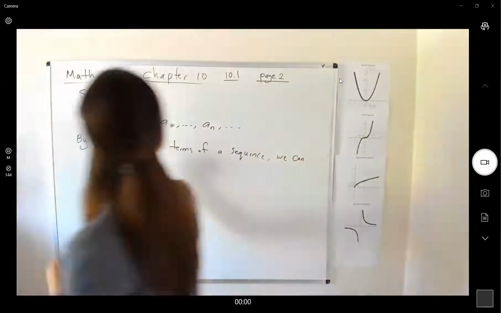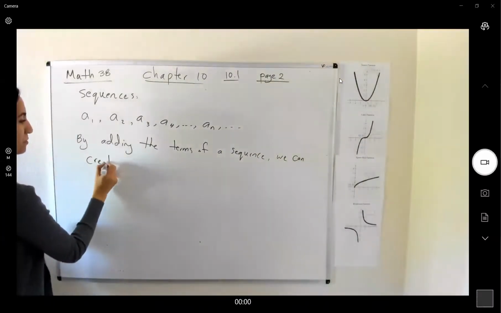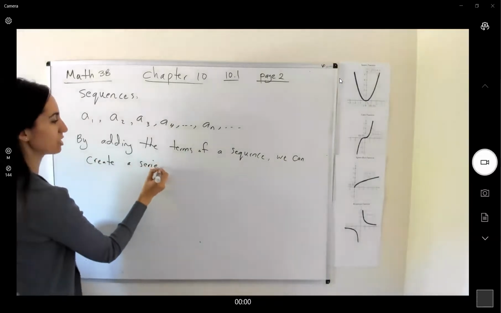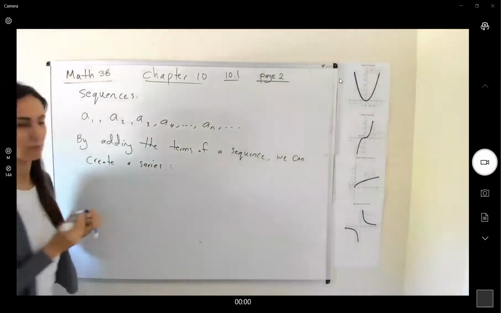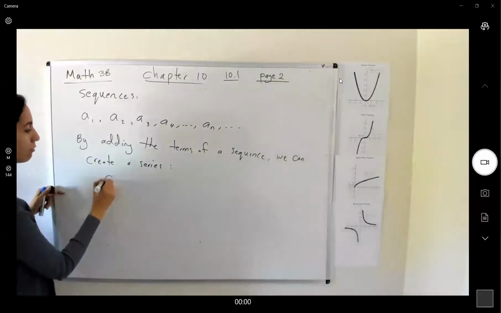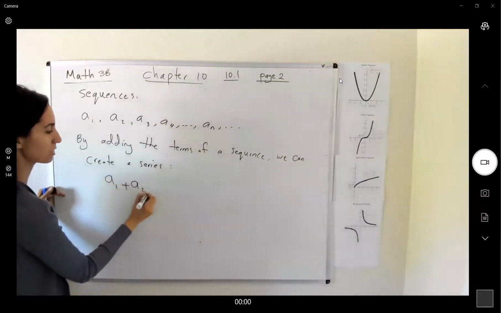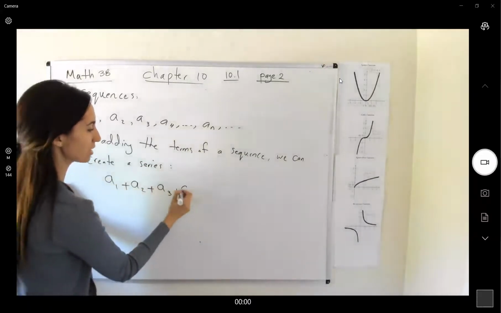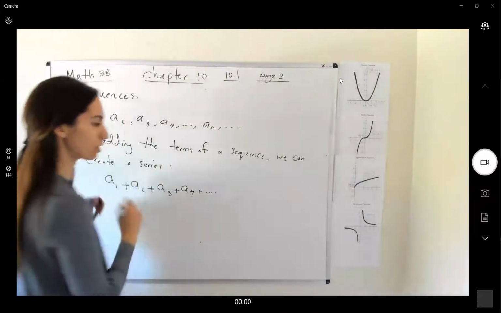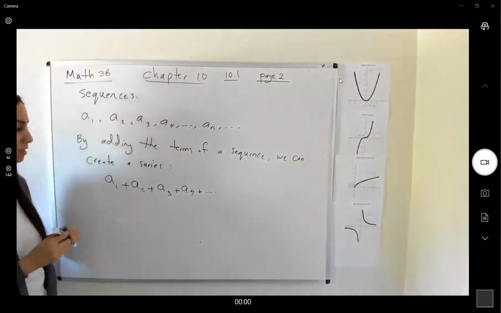We can create something new, and we call it a series. Okay, so a sub 1 plus a sub 2 plus a sub 3 plus a sub 4, and so on.